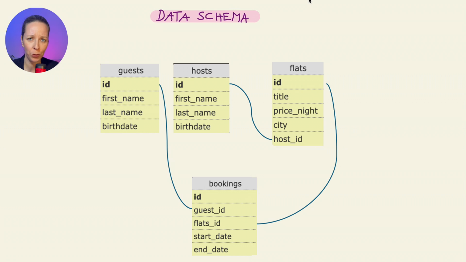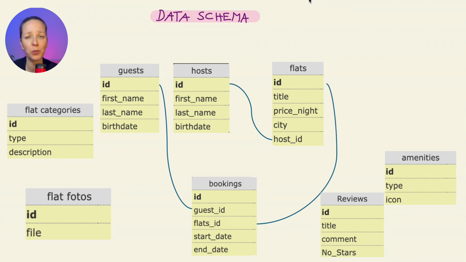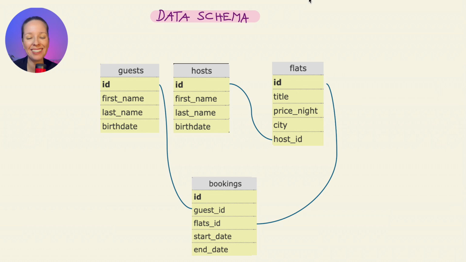Here's a simple drawing, of course, of our setup, but in real life, a data schema would be far more complex. You'd see entities like reviews, flat categories, amenities, flat photos, messages, and so on. These diagrams help architects and developers to understand how different parts of the database interact with each other.